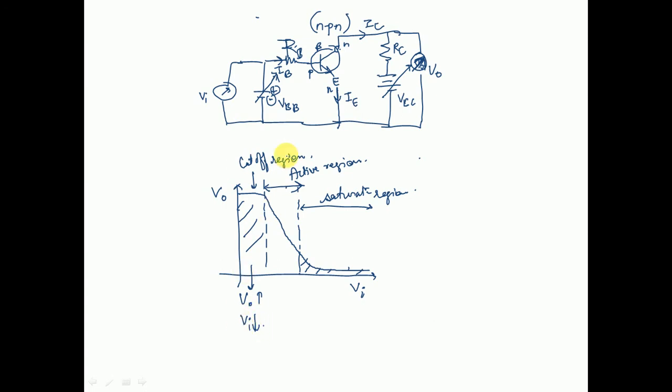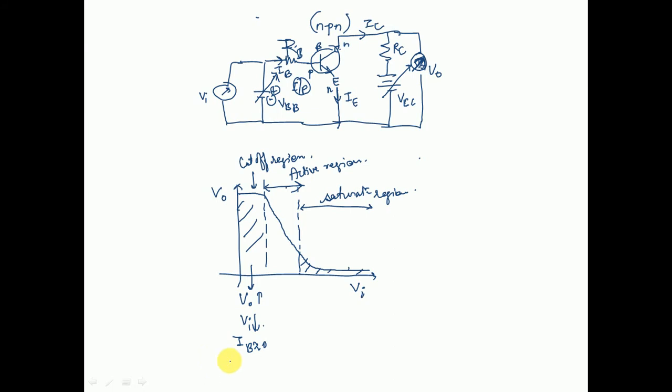Just try to understand it logically. If the input voltage is low, can IB flow properly? No, the input circuit is not sufficiently forward biased, so IB will not flow properly. You can also say that IB is almost equal to 0.